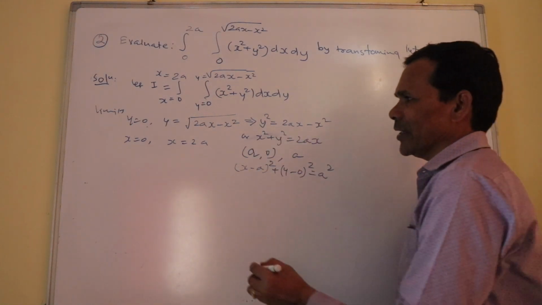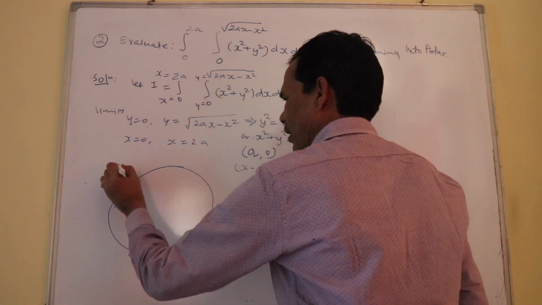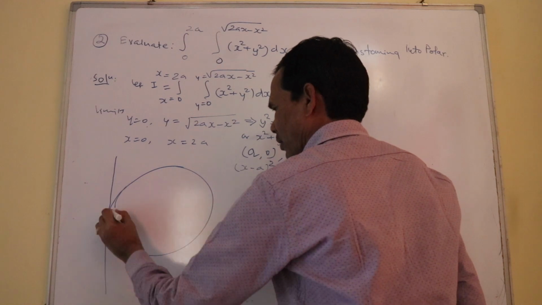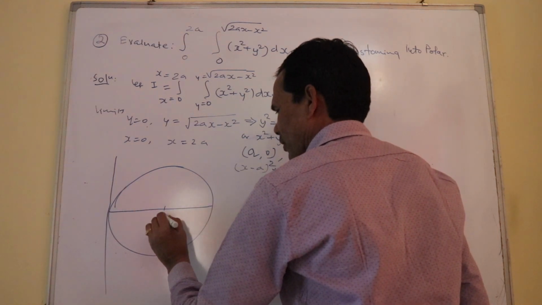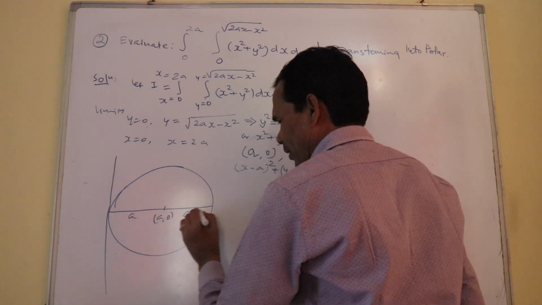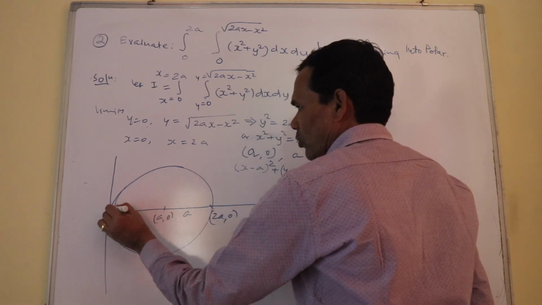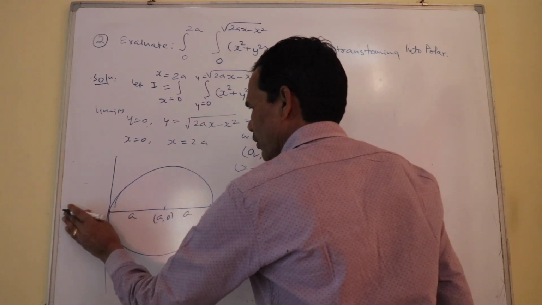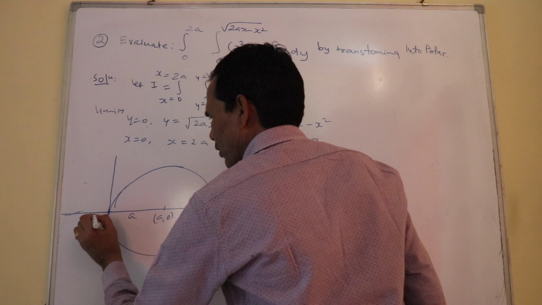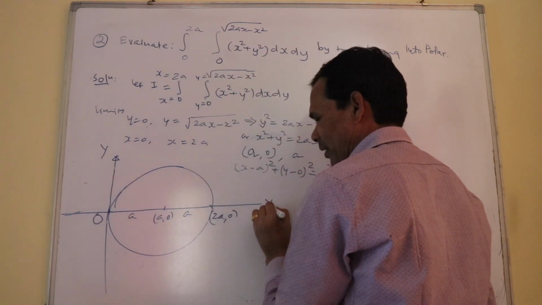So this is a circle with center at this particular point. It would be something like this. This circle is this. So the center is at a, 0 and radius a. So naturally this point is 2a, 0. This is the origin here. So this is the y-axis, this is the x-axis.